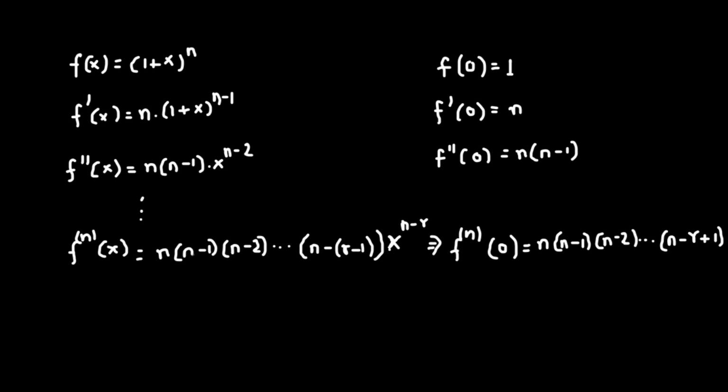So we have all the values of f(x) as well as the successive derivatives calculated at x equals 0.